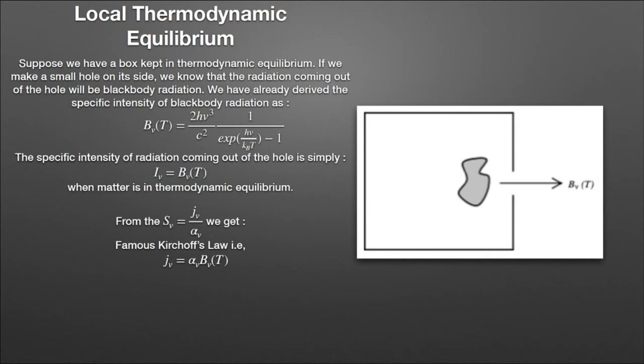Inside a star we expect LTE to be a very good approximation, and we can assume that I_ν is equal to B_ν(T) when we solve the radiative transfer equation inside the star. Now in the outer atmosphere of a star, LTE may fail, and it often becomes necessary to consider departures from LTE when studying the transfer of radiation there.